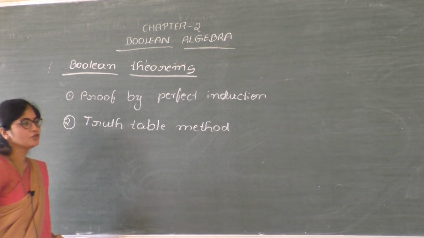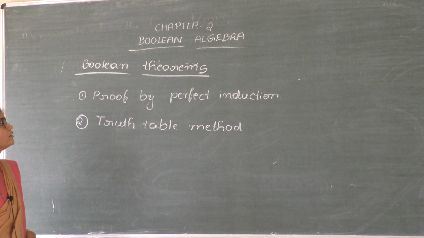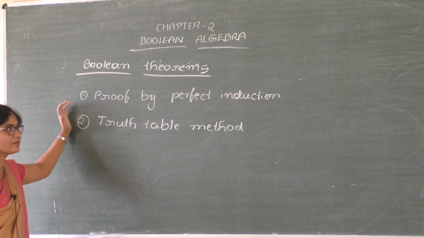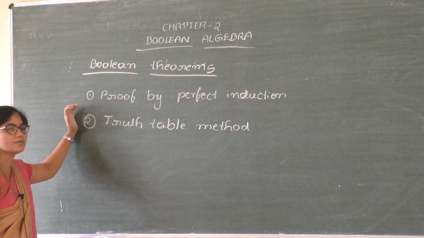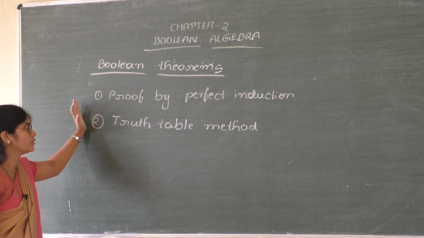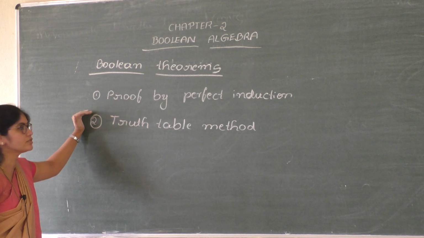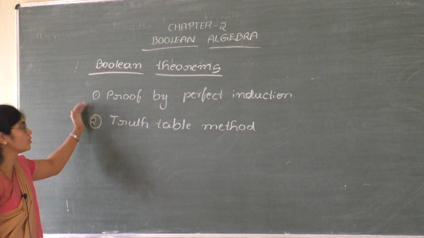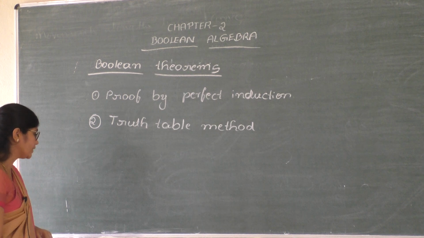These two methods are used to prove the Boolean theorems. So proof by perfect induction method means substituting the variables with 0 and 1. If we substitute the variables with 0 and 1, then it is called proof by perfect induction method.